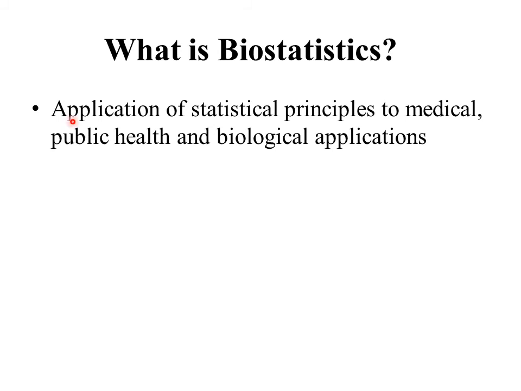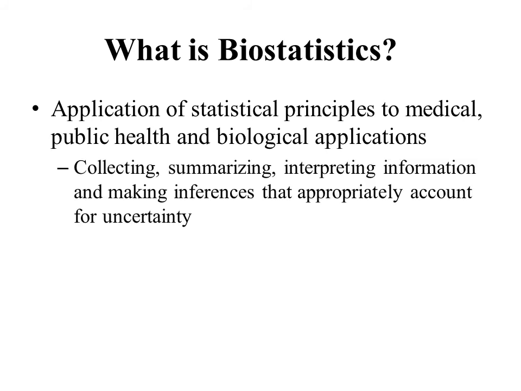The only difference is that all of our applications are going to apply to public health settings. And so this consists of collecting, summarizing, interpreting information, and making inferences that appropriately account for uncertainty. And that's an important word here. We're never going to be 100% confident in any decision that we make regarding public health, and so our analysis of data helps us to account for that level of uncertainty.